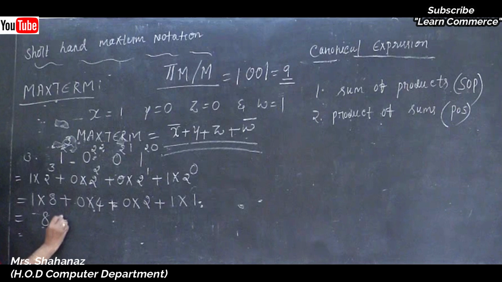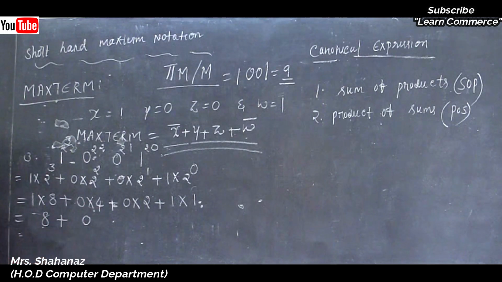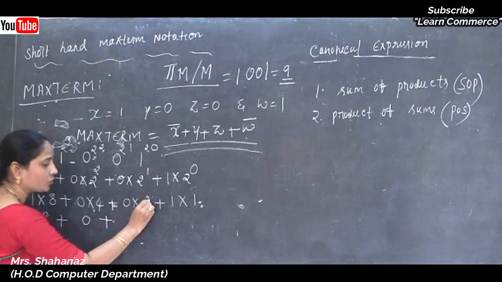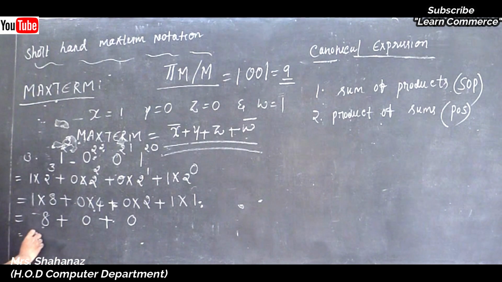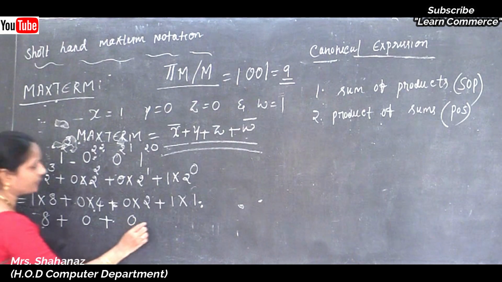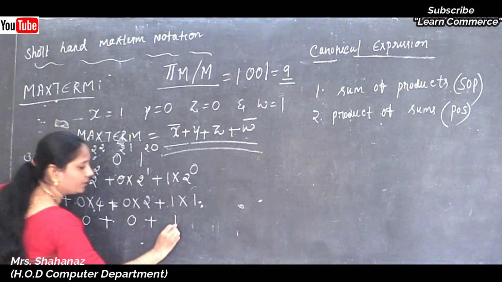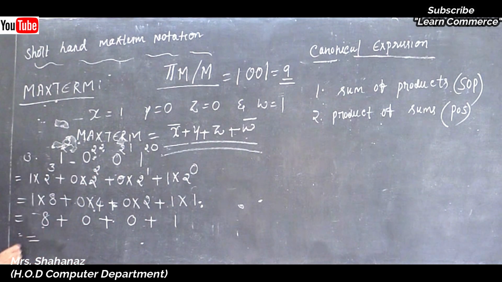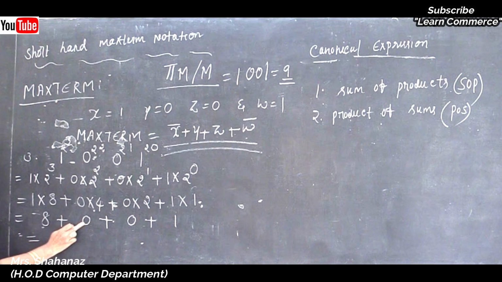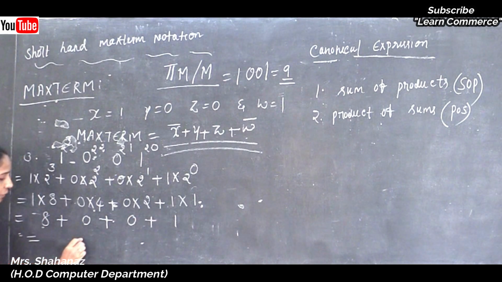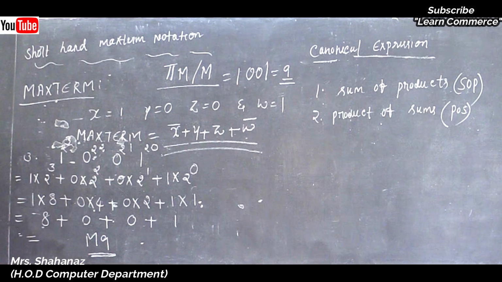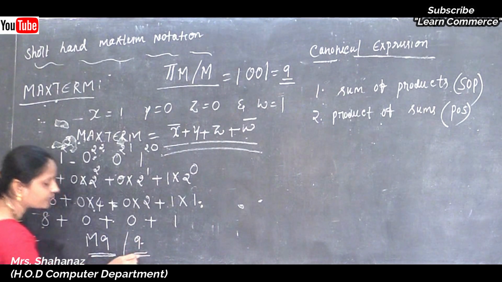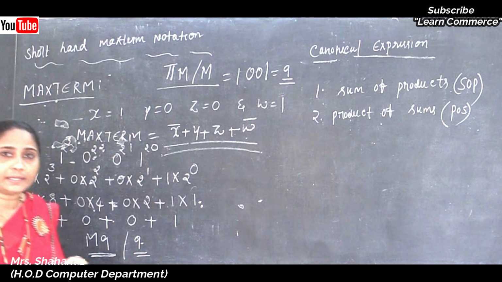Now 1 into 8, 8, plus 0 into 4, the value is 0, plus 0 into 2, the value is 0 here, and next one is about 1. Plus 1 into 1, the value is 1 only. When you add 8 plus 0 plus 1, the value is equal to capital M9, or we can just say the value is equal to 9 here.